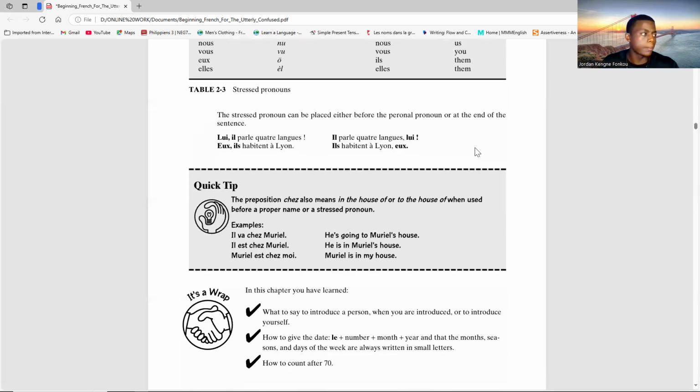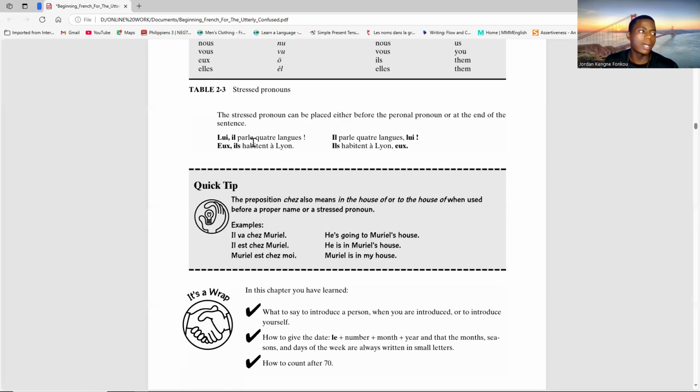How do we use them? The stressed pronoun can be placed either before the personal pronoun or at the end of the sentence. For example, lui, il parle 4 langues, to emphasize the person. Il parle 4 langues, lui. In English, we might sometimes omit this stress pronoun.